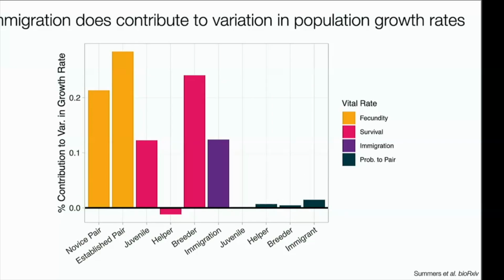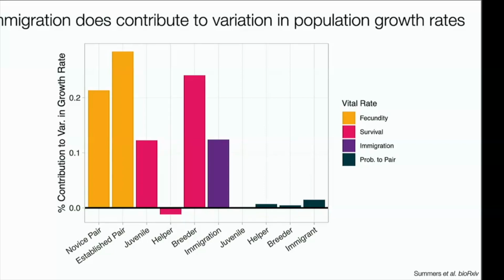And so this is showing you the percent contribution of different vital rates. The most important is variation in fecundity and breeder survival, which makes sense. But we do see a small contribution of immigration to observed variation in population growth rates.